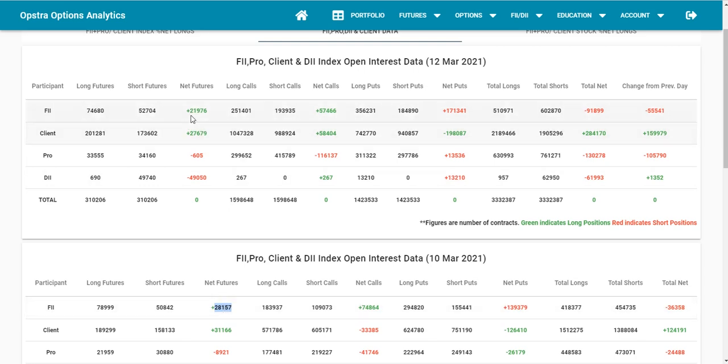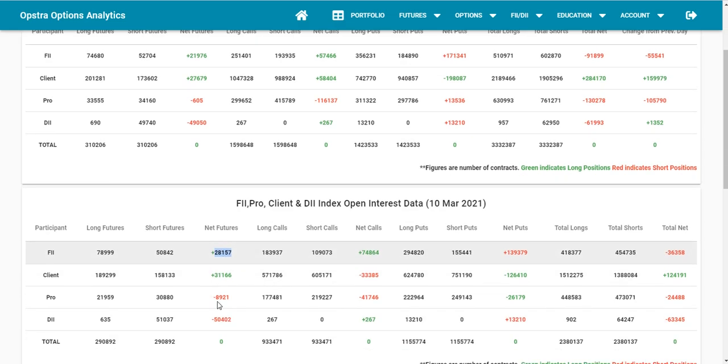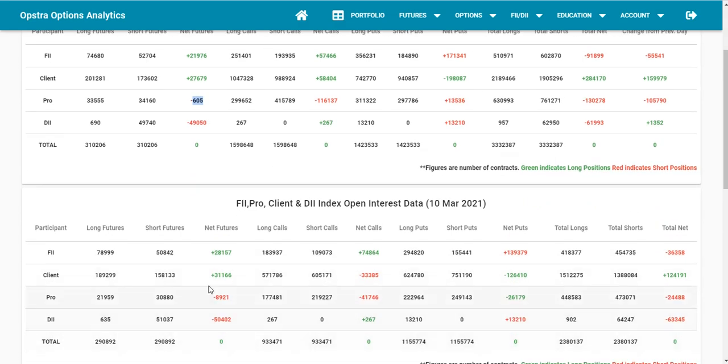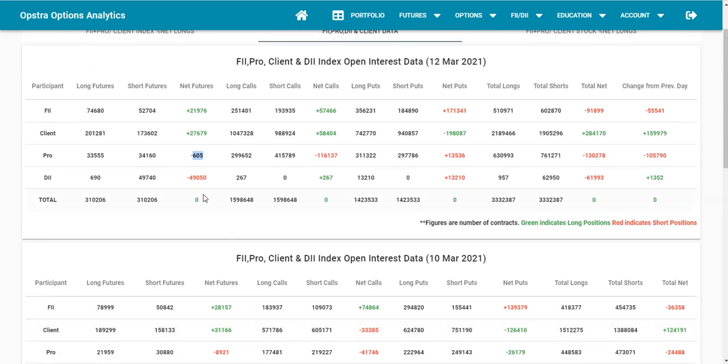So 28 to 22, 6k contracts have been reduced in the net long position. But on the Pro side, the net short side contract has been covered, and they have reduced the total short side contract. So this gives me a relative picture of what change has happened, as well as how much is the data today.